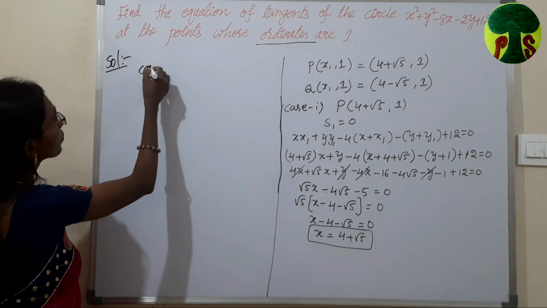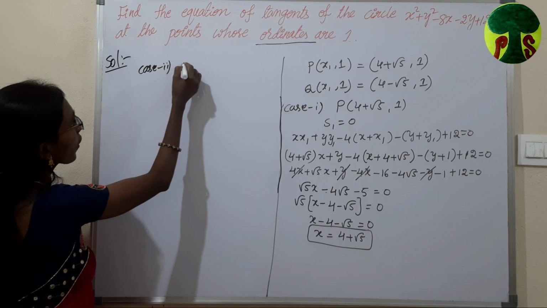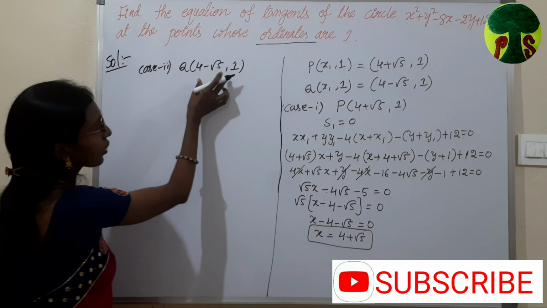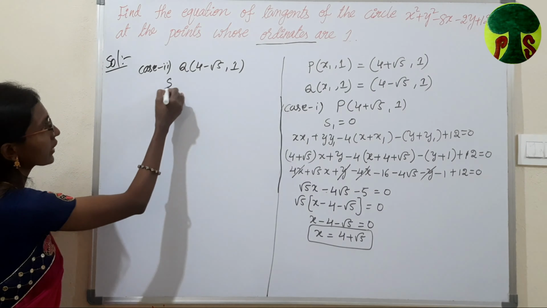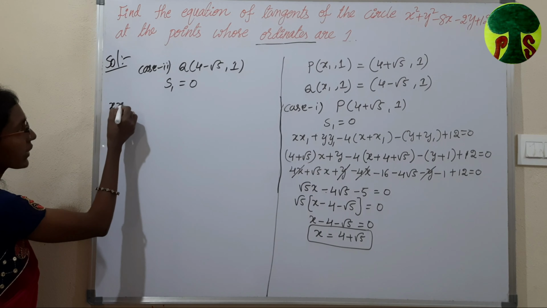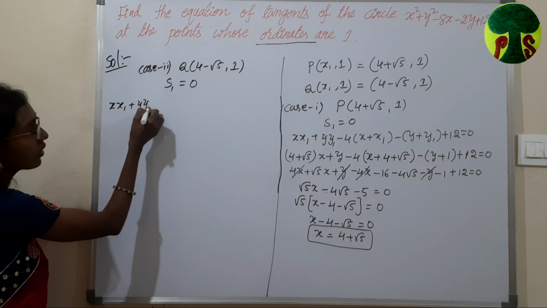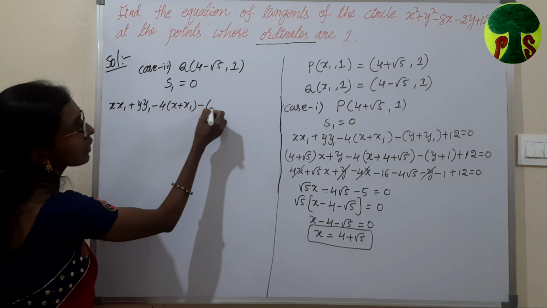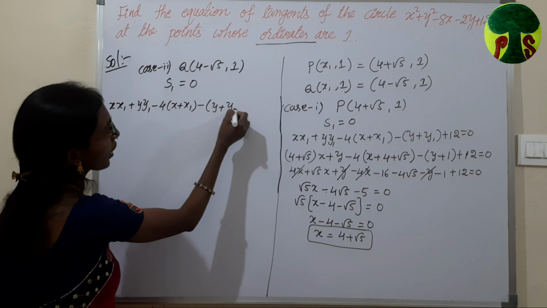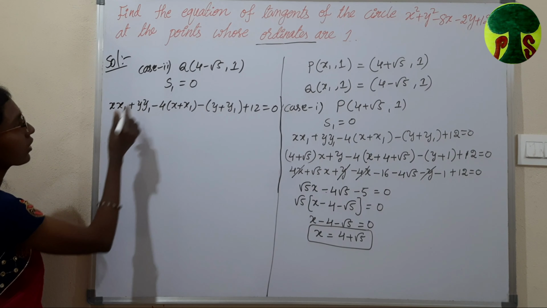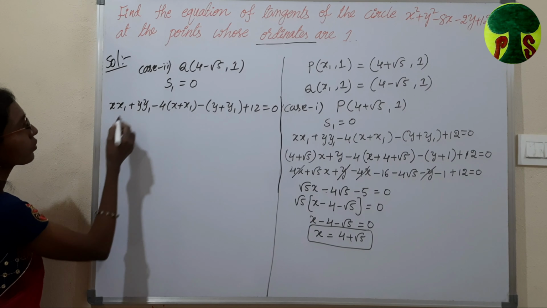Case 2. In case 2, the point is Q, (4 minus root 5, 1). At this point we have to find the equation of the tangent, that is nothing but S1 equal to 0. S1 equal to 0 means x1 x plus y1 y minus 4 into (x plus x1) minus y plus y1 plus 12 is equal to 0. x1 value is 4 minus root 5.